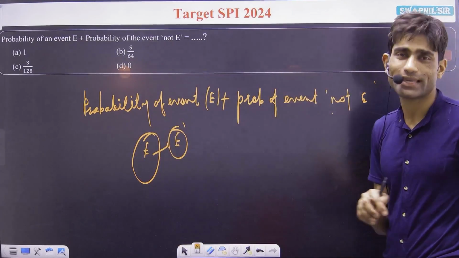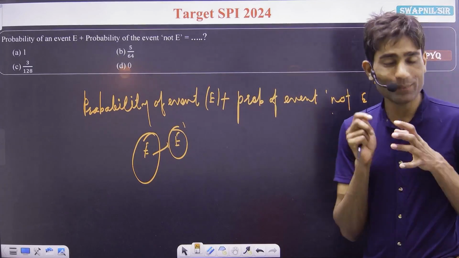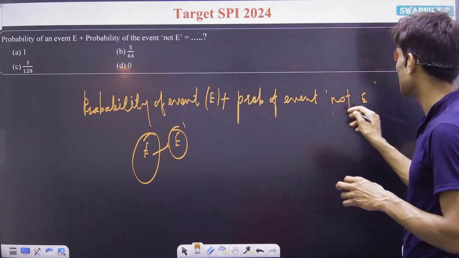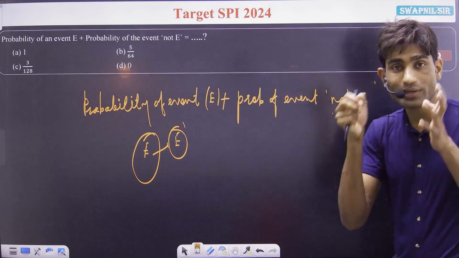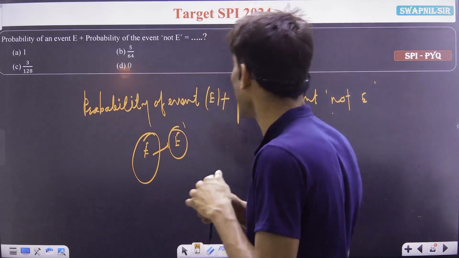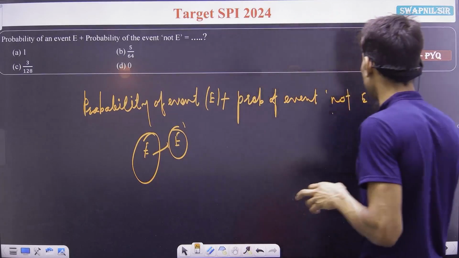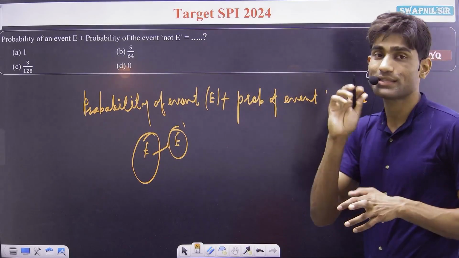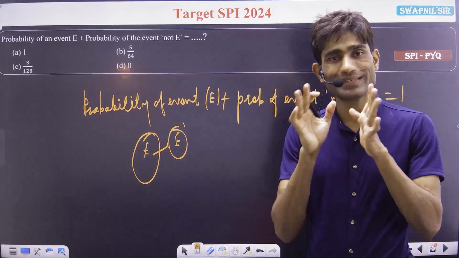In the case of probability, not E is considered as the complement of event E. And always remember that the probability of event E plus the probability of event not E always gives us the value 1.